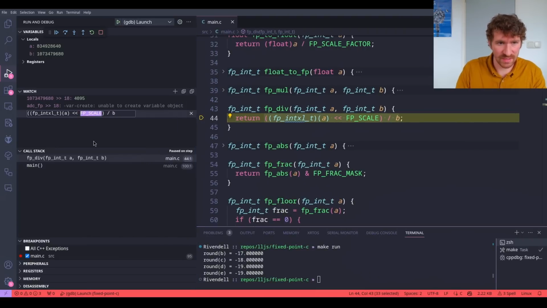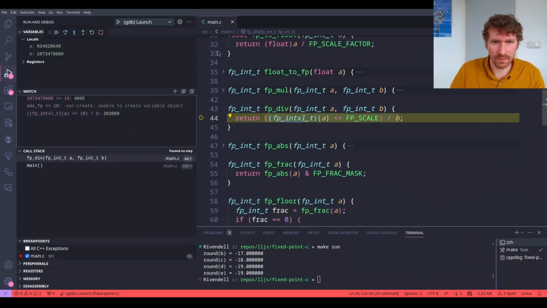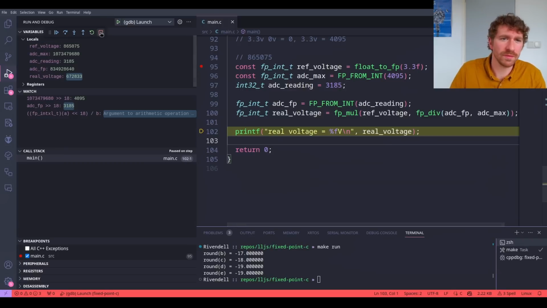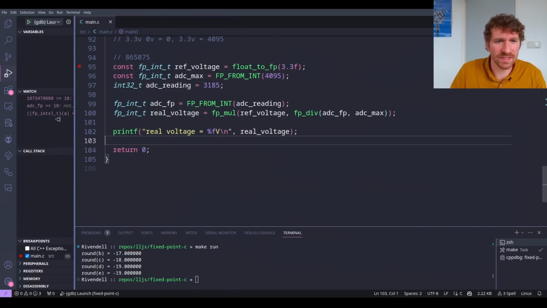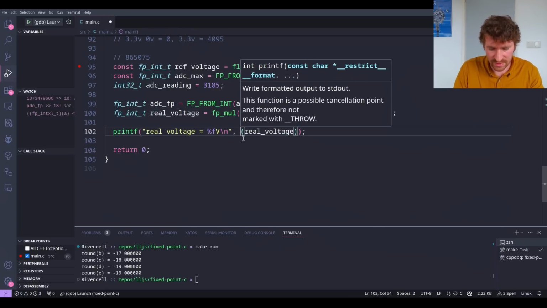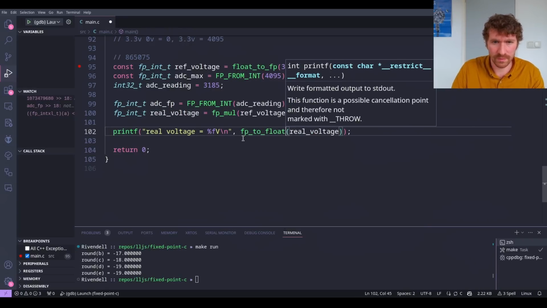So let's just say FP scale is 18. So we would end up getting this number. All right, so that looks about right. And then we get this in the end. Oh, this is a really, really silly mistake. This just needs to be converted into a float. So that's going to be FP to float. Okay.